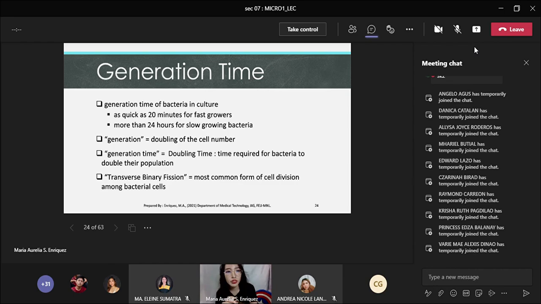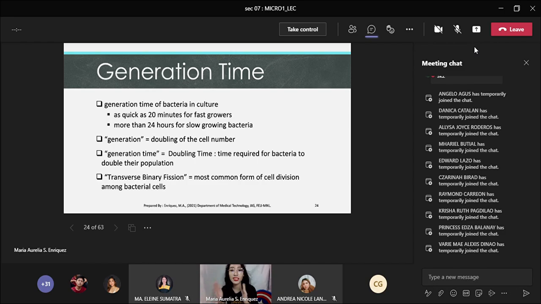Now, when we use the word generation, this refers to the doubling of cell number. So kung gaano man karaming bacterial cells ang meron sa sample mo initially, times 2. So yun po yung meaning ng generation. Now, when we say generation time, this is also referred to as the doubling time. So this is the amount of time required for bacteria to double their population.